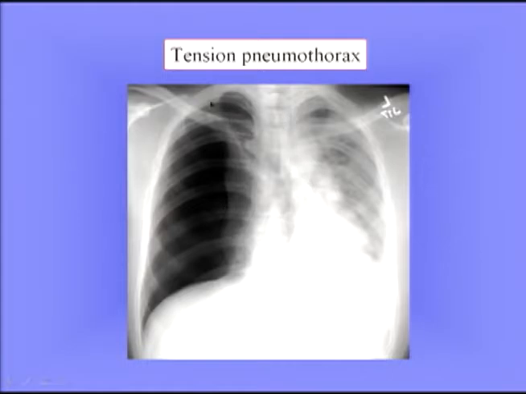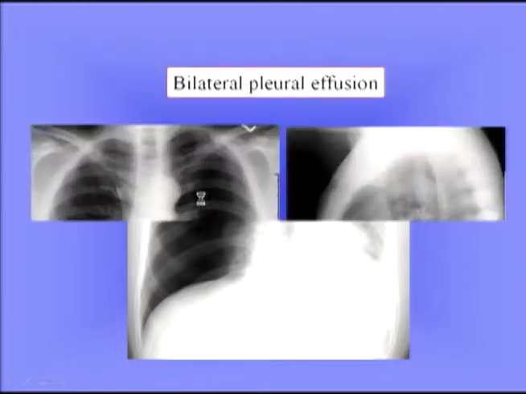You can also see the very large chest wall on this side, how the ribs are very horizontal here, but very oblique here. And you can see the diaphragm is depressed here as well. And this is a medical emergency, and in the emergency room, a tube needs to be put into this pneumothorax in order to relieve the pressure.